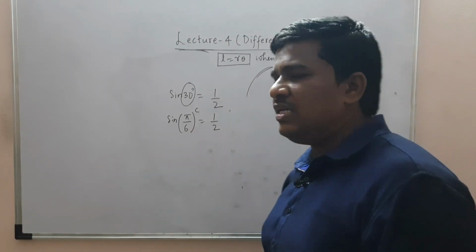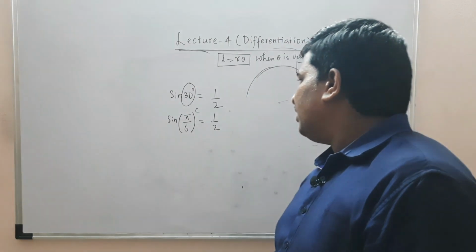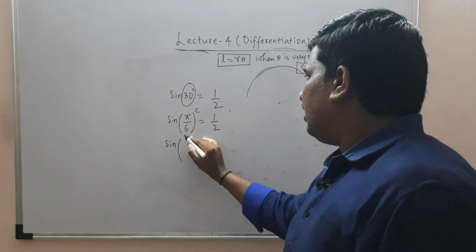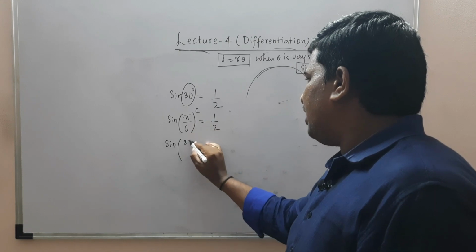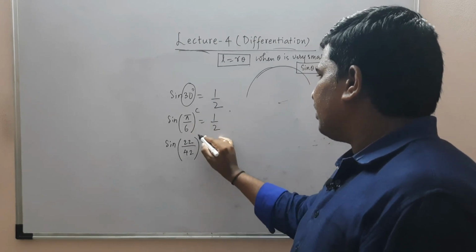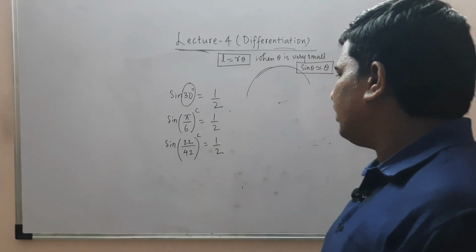Pi radians is 180 degrees, and 180 by 6 is 30. Taking pi as 22 by 7, 22 by 7 by 6 is 22 by 42.